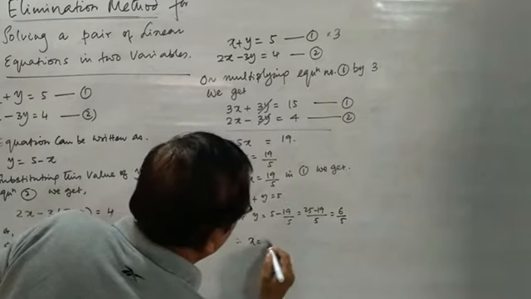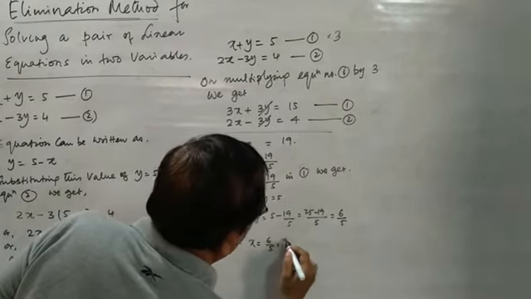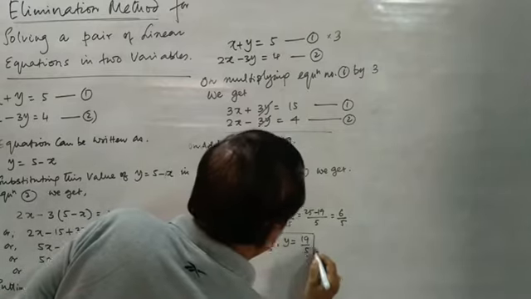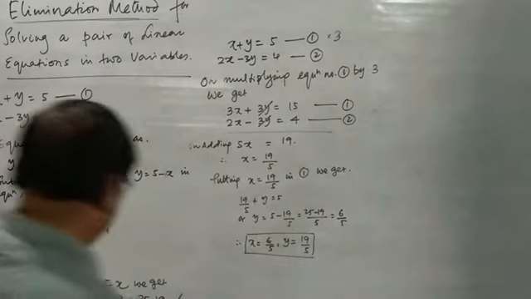Therefore, x equals 6 by 5 and y equals 19 by 5 is the required answer by elimination method.